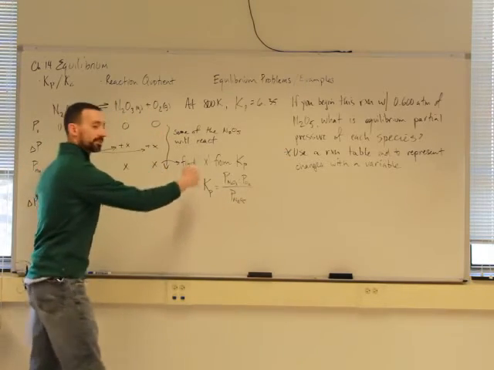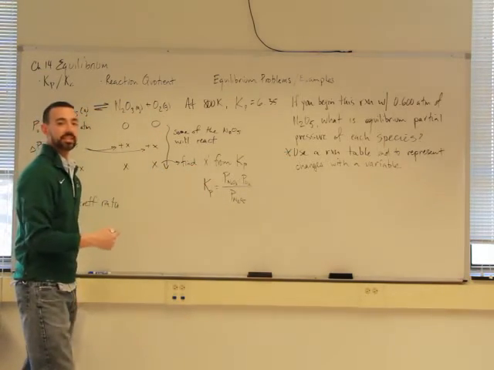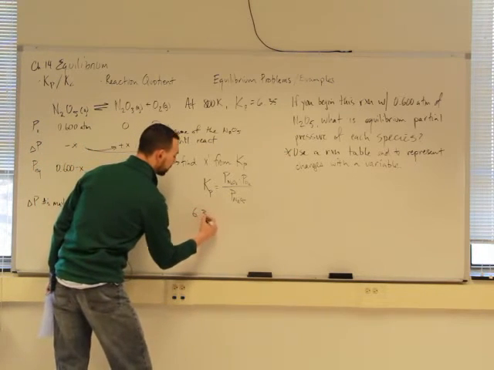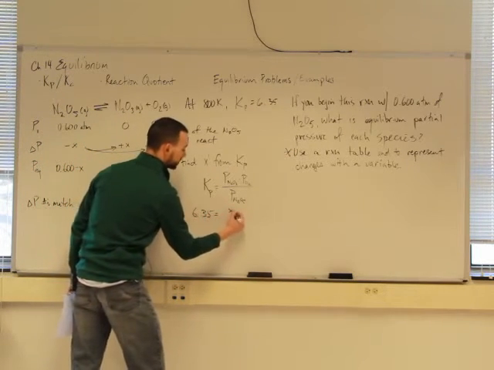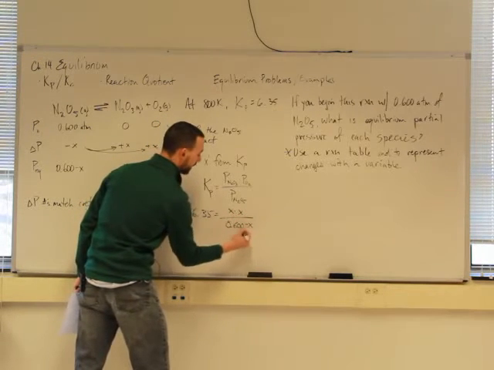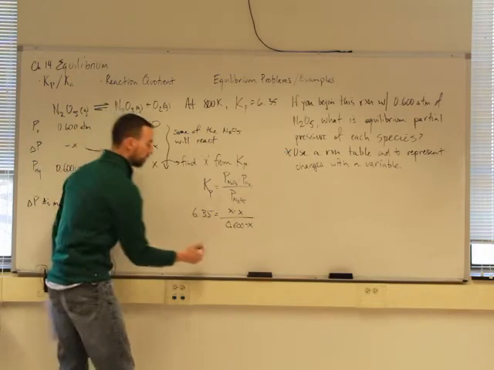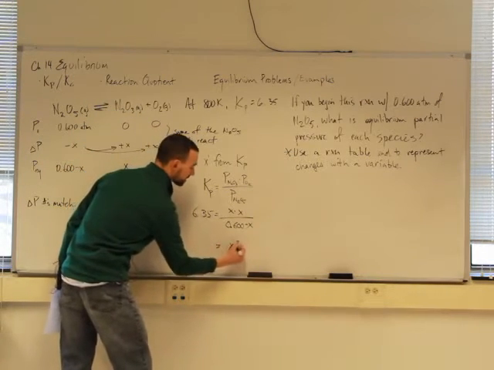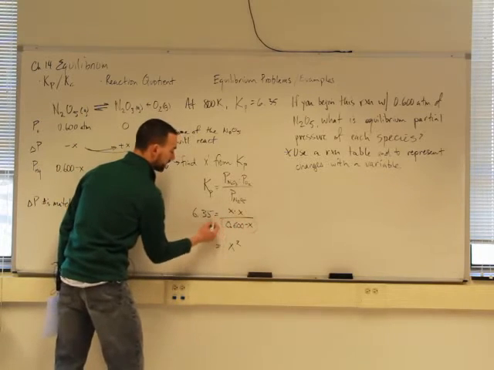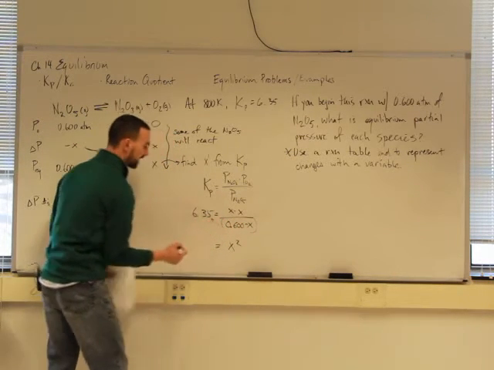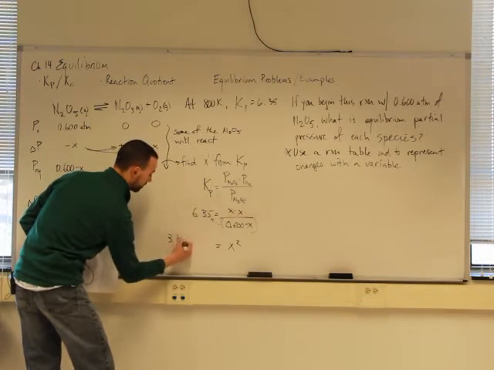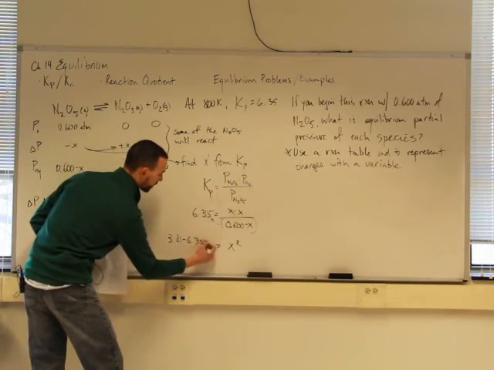Well, earlier we had some numbers when we were finding these things, but now we've got some variables, but that's not a problem. 6.35 equals X times X over 0.6 minus X, or X squared equals, now I've multiplied this over to the left side, 3.81 minus 6.35x.